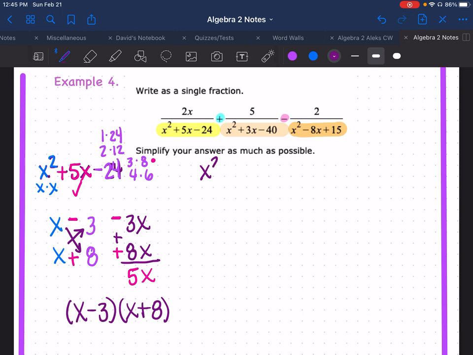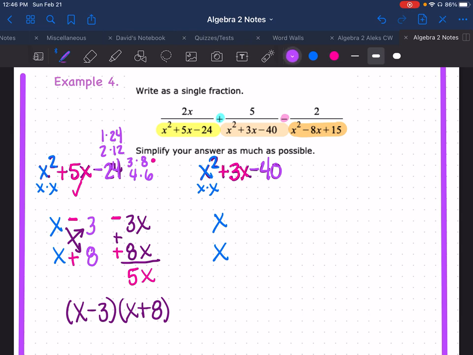All right, maybe this won't take as long as I was thinking. Ooh, 40. That's a big number. Well, let's stop and think. We have 40, but our middle term, what they need to add to, needs to be 3.